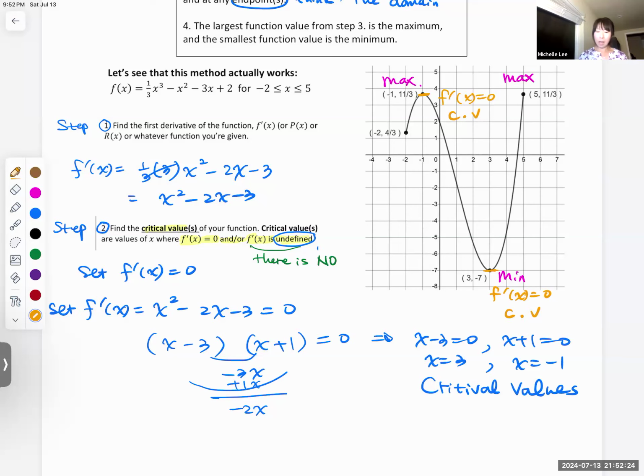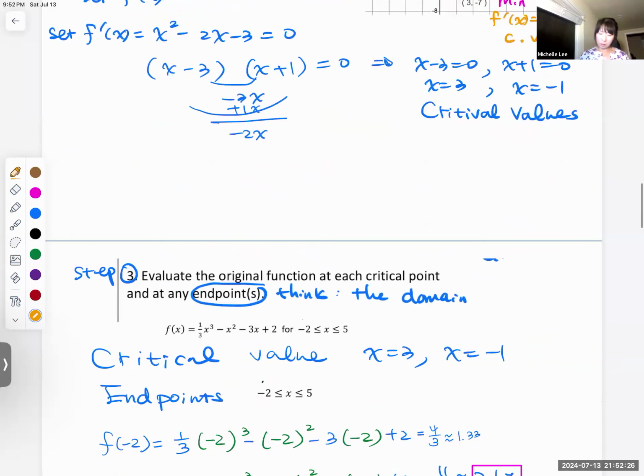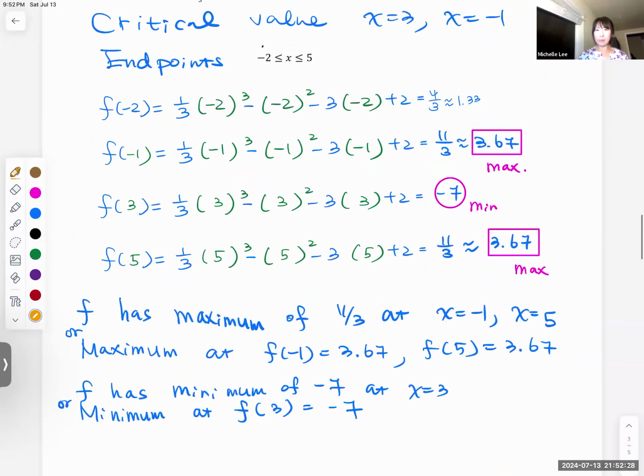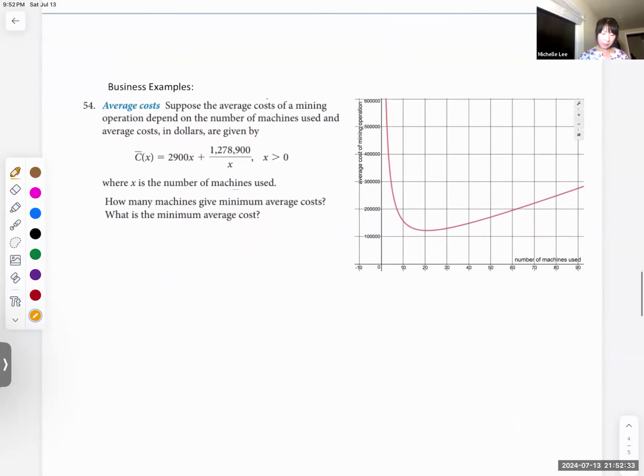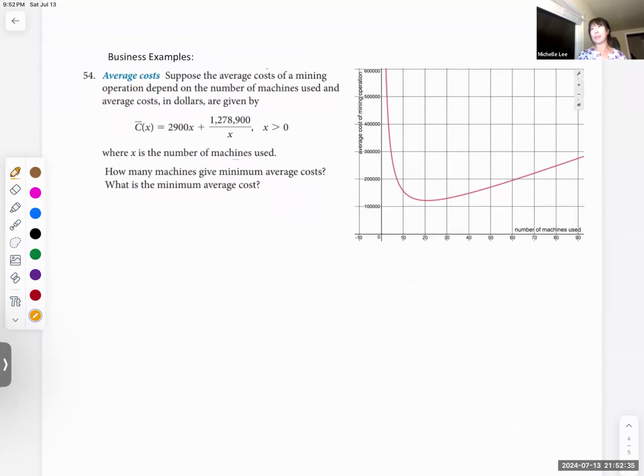All right, now, business example, average cost. Suppose the average cost of a mining operation depends on the number of machines used, and the average cost in dollars is given by this, where X is the number of machines used.